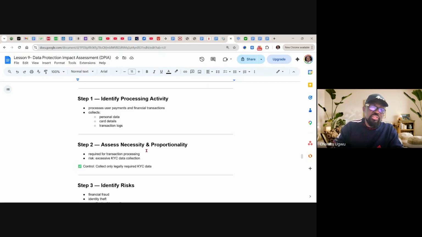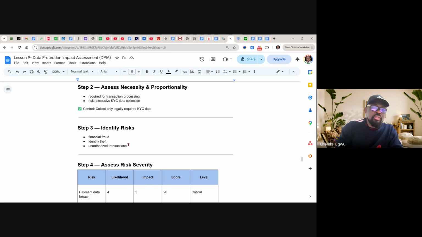The only risk within the proportionality is that we might collect more than needed. And here, the control is to collect only legally required KYC data, which is what we did earlier. We're applying data minimization. We collect only the amount we need, data minimization under GDPR.